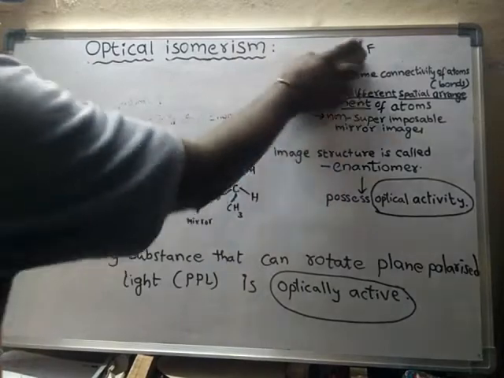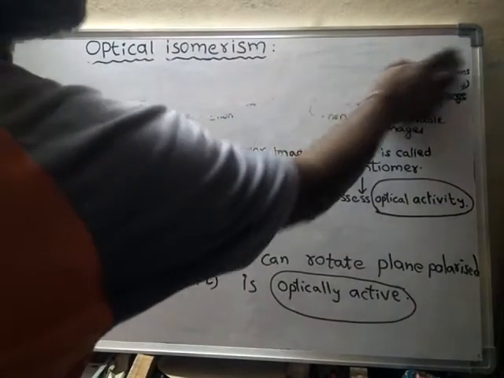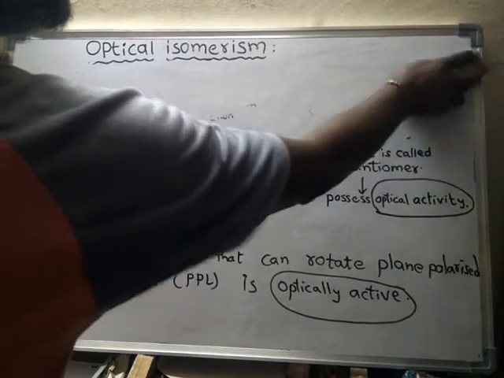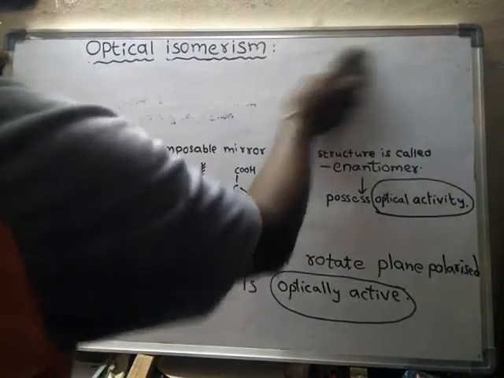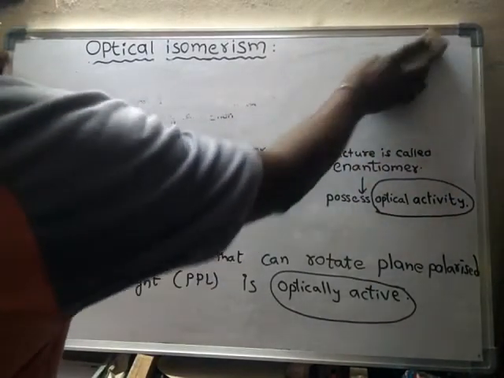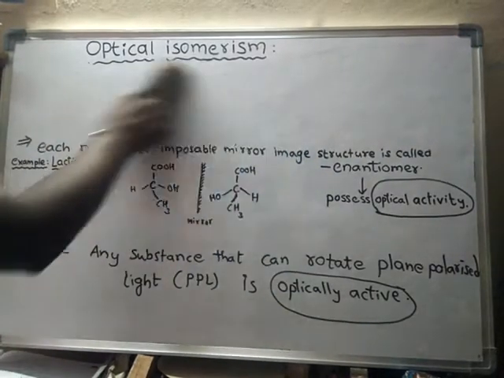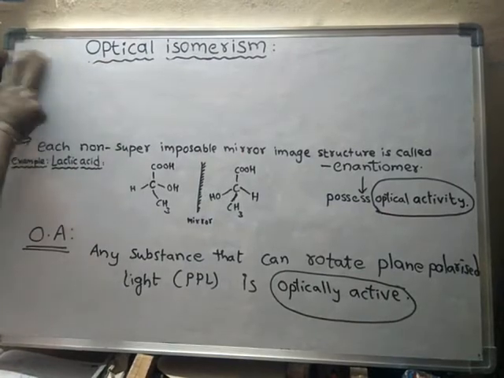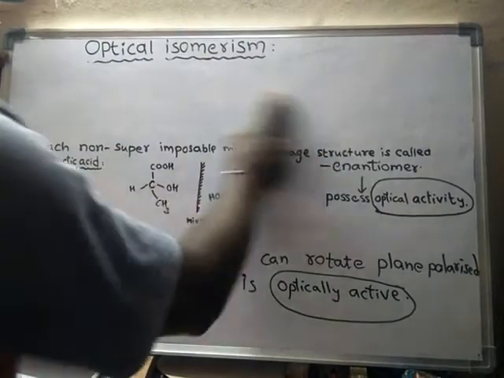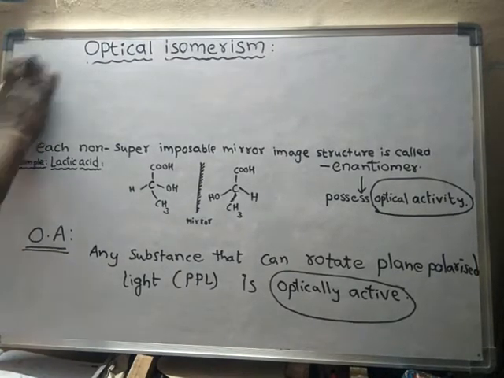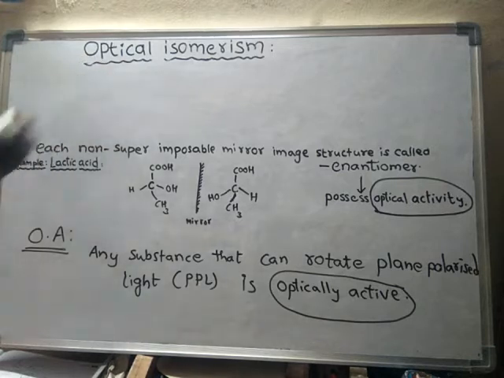there is a difference between normal light and plane polarized light. Normal light is unpolarized light. It does not have a particular direction of polarity; it has polarity in all directions. For example, what is light?